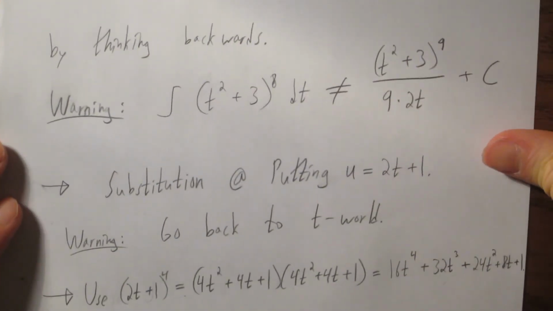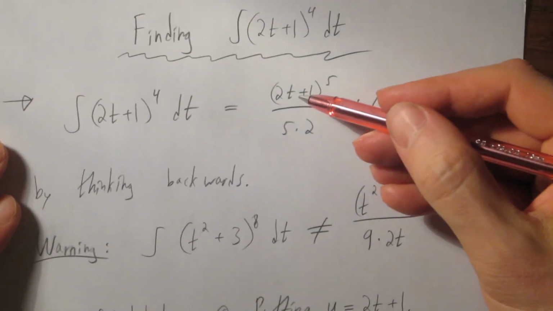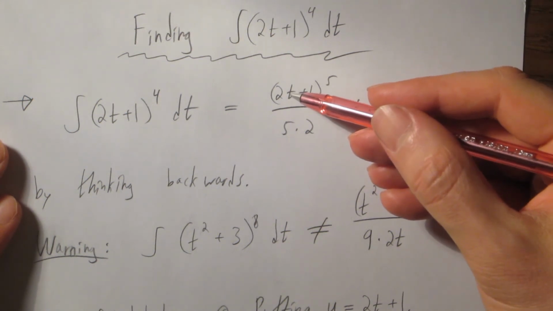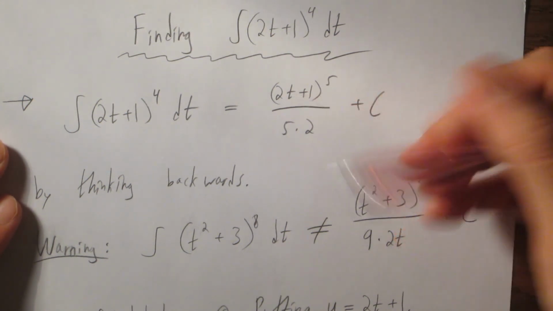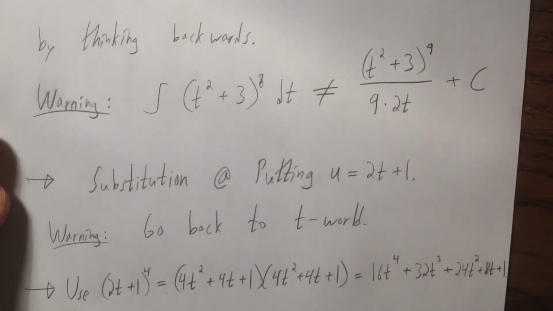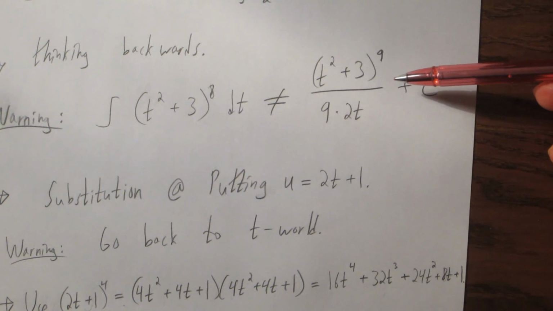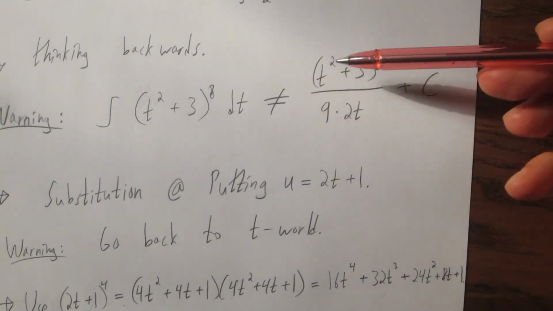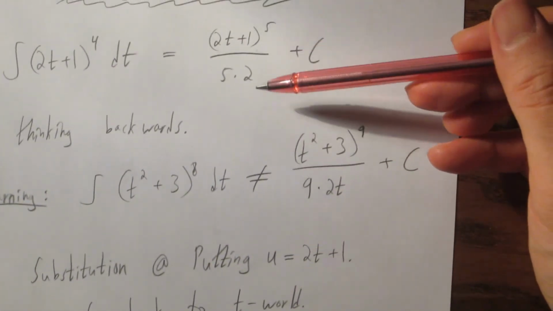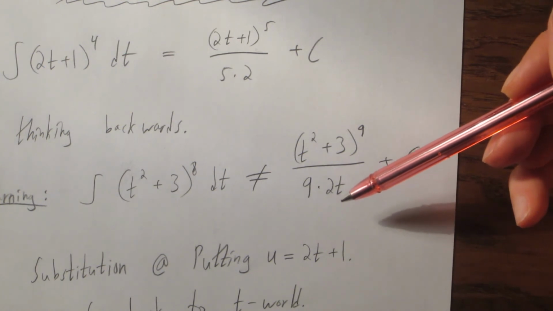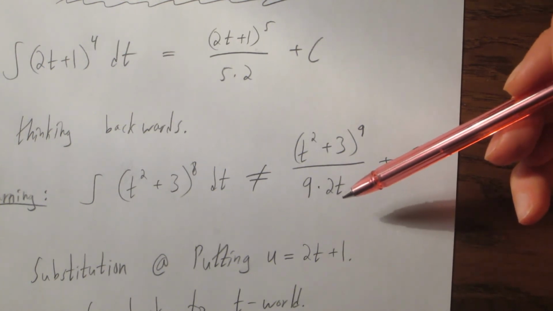Be careful, however, this worked because the inner function's derivative 2 was a constant, a number, so we could counter it by dividing by 2. But here it doesn't work like that, because when you differentiate this, unlike the 2, the t will not just hang around, because 2t is not a constant.